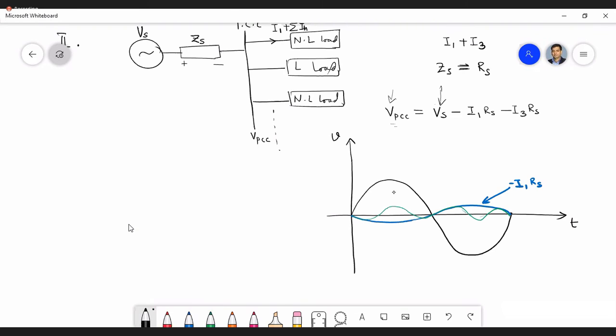Now if we add these 3, so this is your Vs, this is your minus I3 RS, what will be the resultant voltage waveform? Can you predict that?